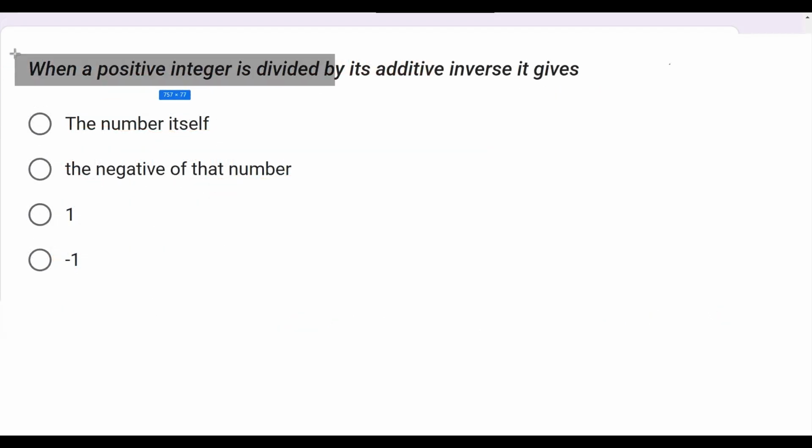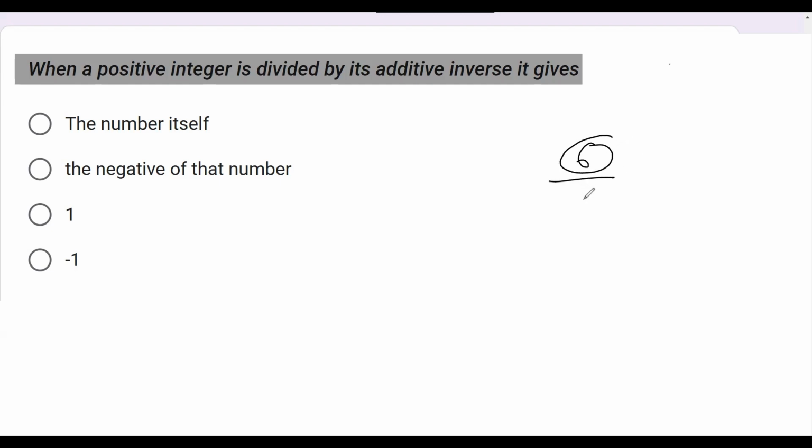The next is when a positive integer is divided by its additive inverse. Let's say I take 6, and I divide it by its additive inverse. Additive inverse of 6 is minus 6. So if I reduce, we get negative 1. Now I take any other, let's say 69, and divide it by its additive inverse, that is negative 69.